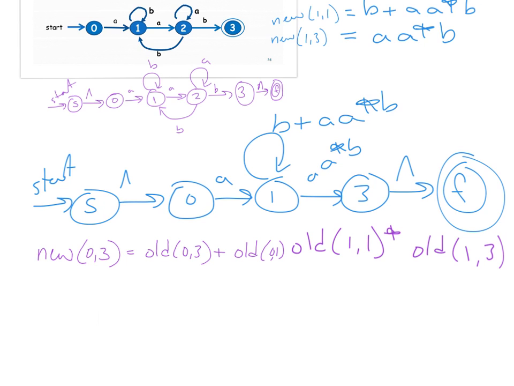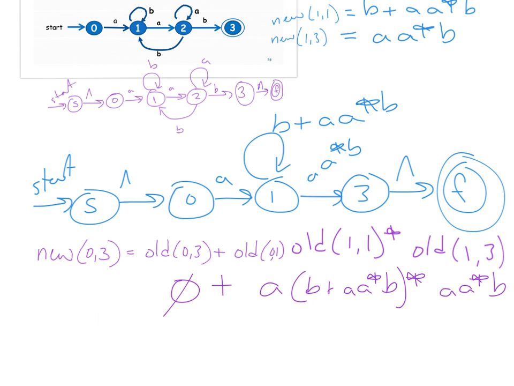So I can skip that. That's just the empty set. The old 0 to 1 is an A. The old 1 to 1 is a mess. That's a B plus A A star B. And now we have to star that whole thing. And the old 1 to 3 is just A A star B.